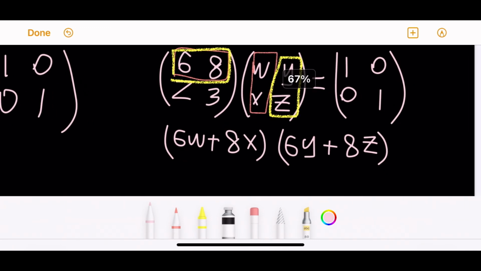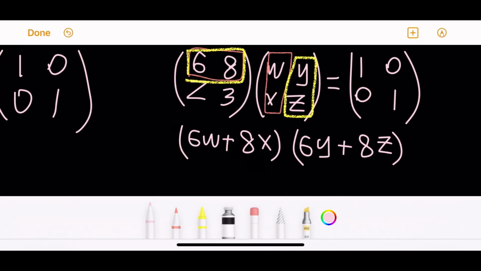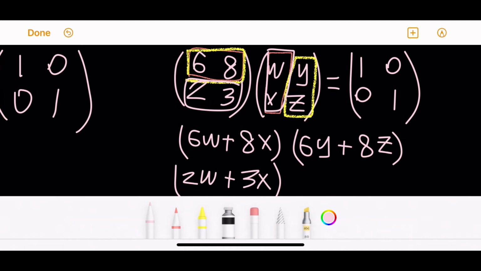Now moving on, I will take the second row with the first column, which is 2 times w plus 3 times x. And our last step is to take the last row with the last column, the outer column as you can also call it.